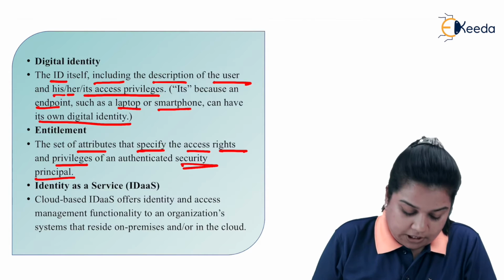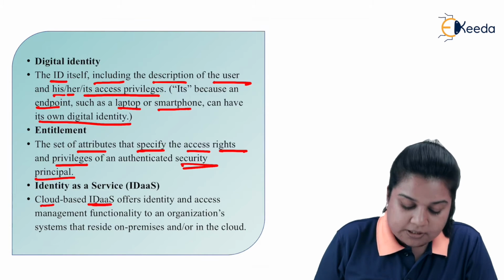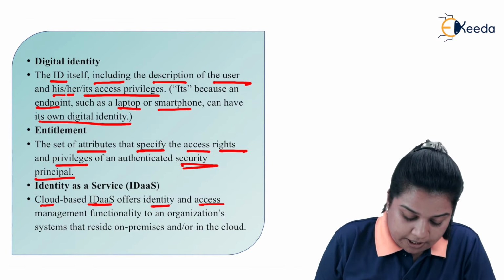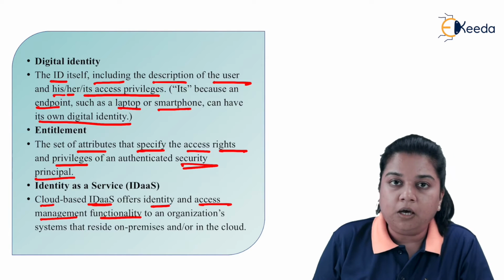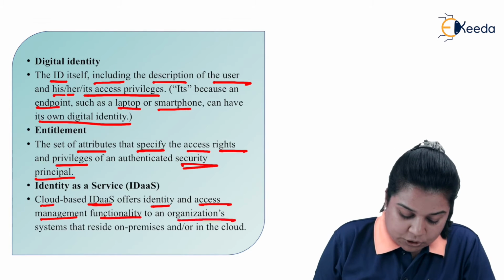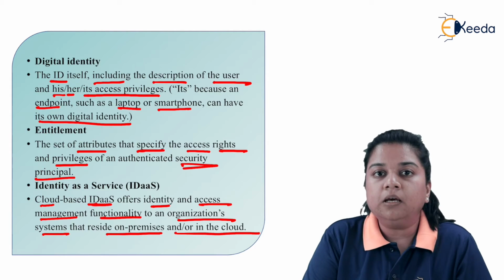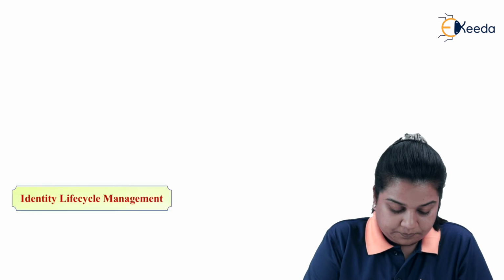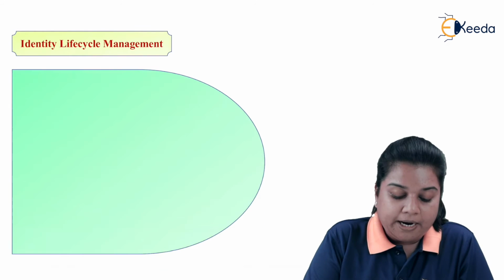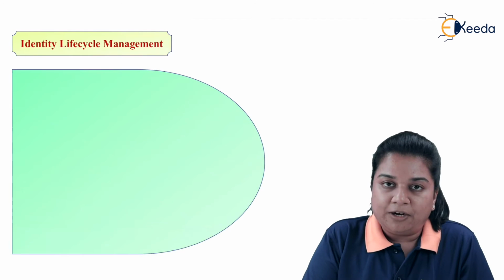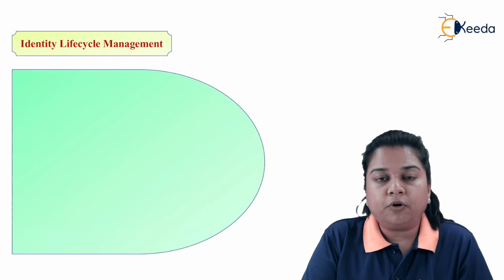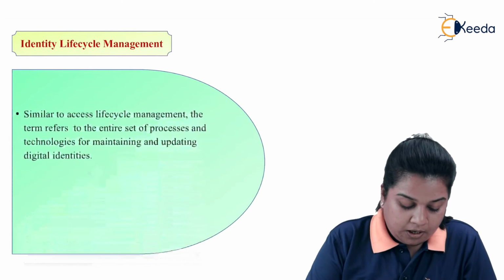And identity as a service, here cloud based identity as a service, offers identity and access management functionality to an organization's systems that reside on premise and or in the cloud. Identity lifecycle management is another attribute for identity as a service.